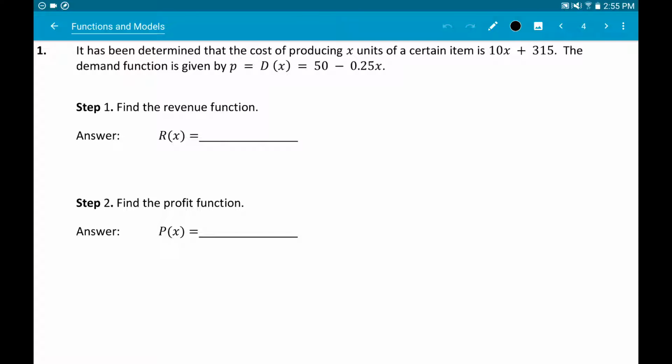So let's start with step 1, the revenue function. Okay, so again, I gave you a formula on the last screen that said revenue is X times price. Well, again, they've given us a price function right there. All we've got to do is substitute.